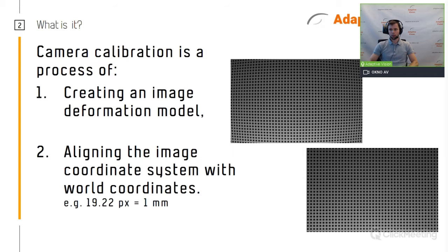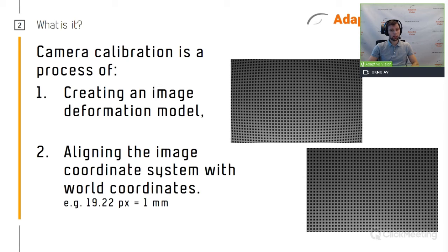So first of all, what is this camera calibration? Generally speaking, we can say that it is creating an image deformation model. But what does it mean exactly? Generally speaking, each lens which came to our factory or which we use in our machine vision systems are not perfect.